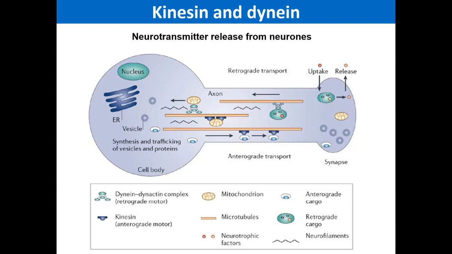And so that's why we do have these railways of actin and tubulin along the axon, which allow anterograde and retrograde transport. And as a matter of fact, herpes uses retrograde transport.